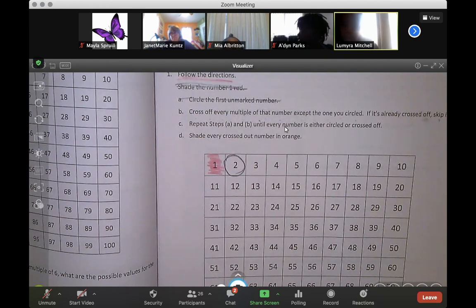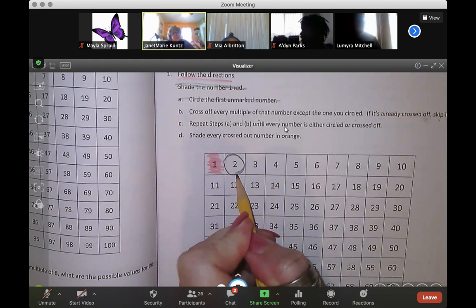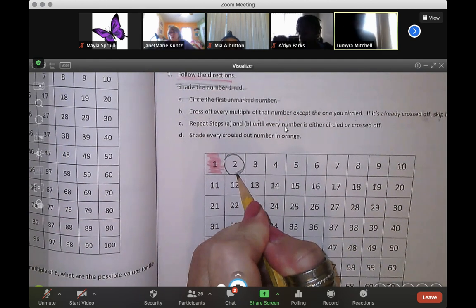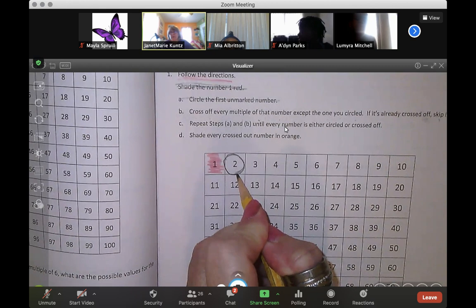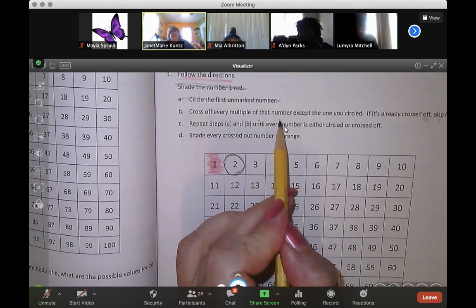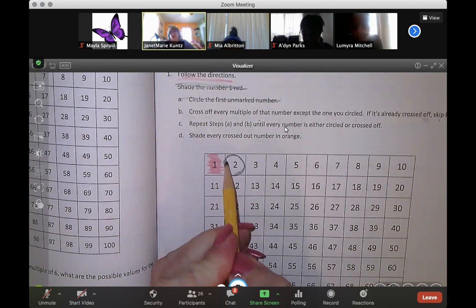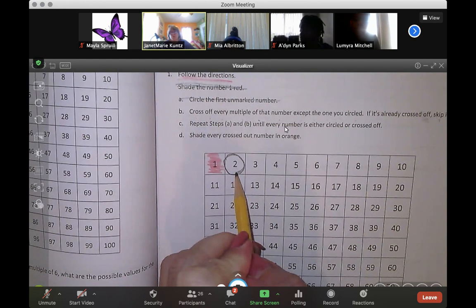3. Is 3 a multiple of 2? No. Okay. So what would be the first number we cross off? 2. It says cross off every multiple except the one you circled. So are we crossing off the number 2?